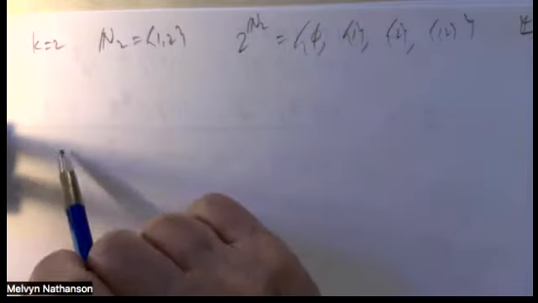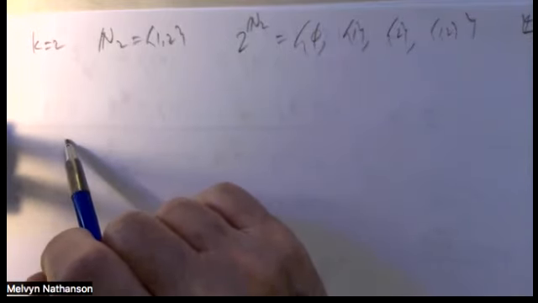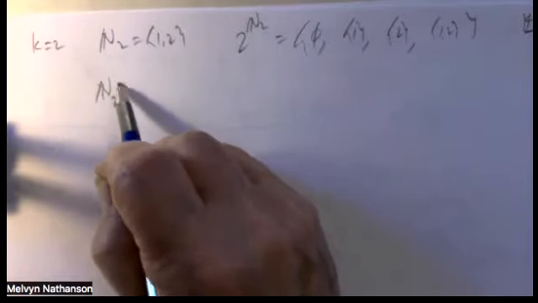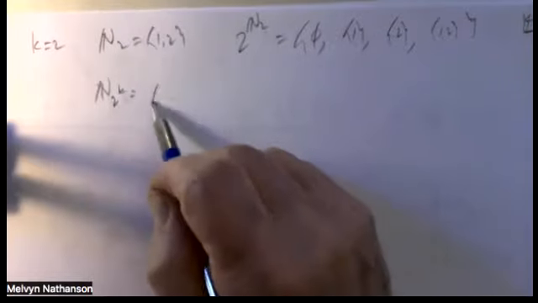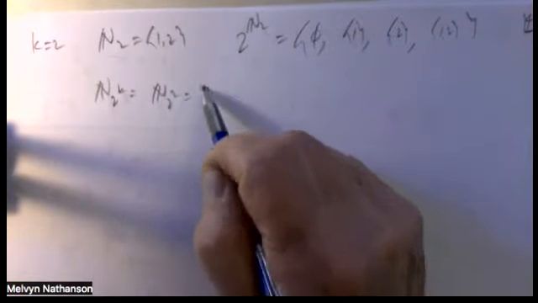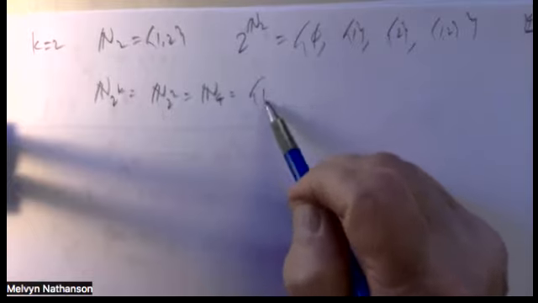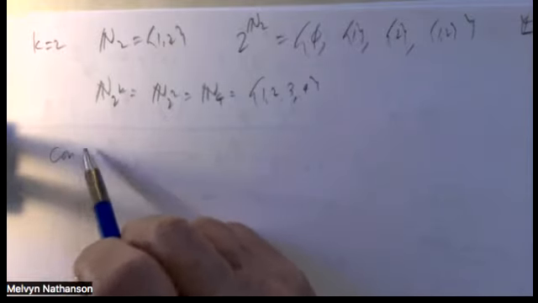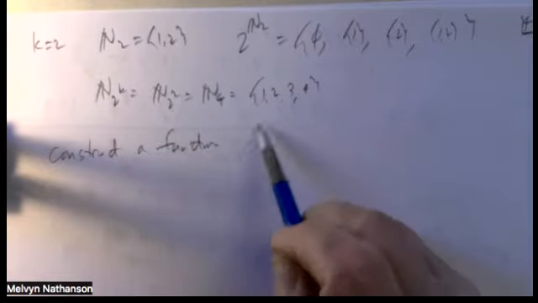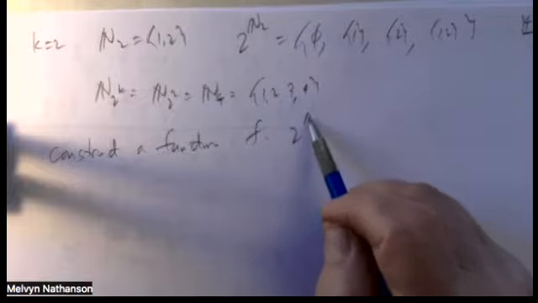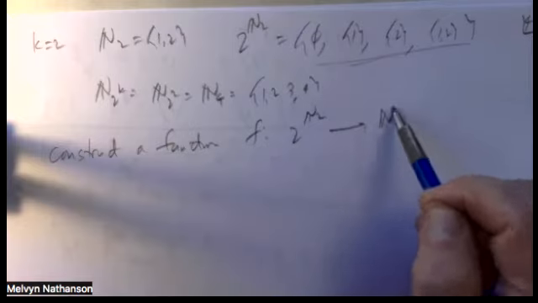And N sub 2 to the k, which is 2 in this case, N sub 2 squared, or N4, that's the set 1, 2, 3, 4. And we want to construct a function, let's say f, from the subsets of 1, 2, that is this set, to the set N4.